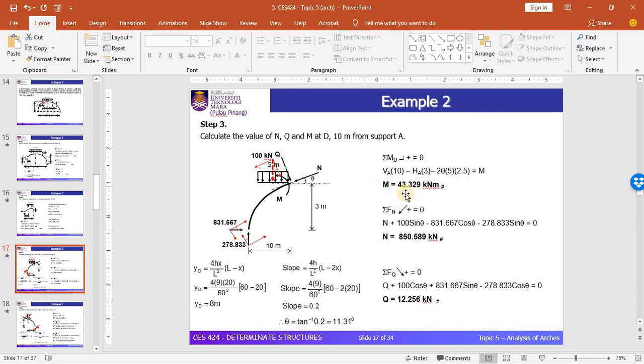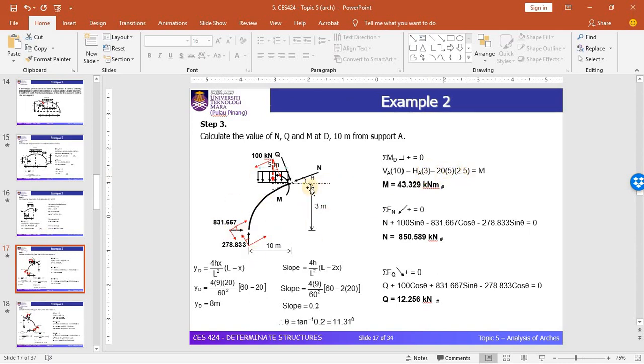Right here we have a moment. By taking moment at the cut section, point D, you consider VA, which is 278.833 multiplied by 10, clockwise, and minus the moment due to the horizontal direction, 831.667 multiplied by 3, counterclockwise.